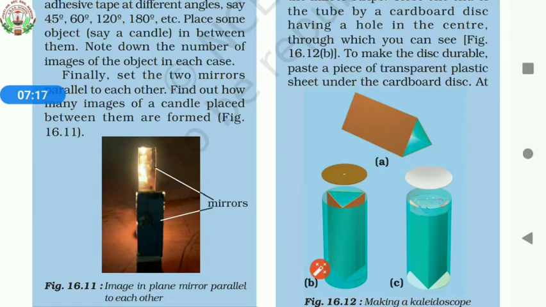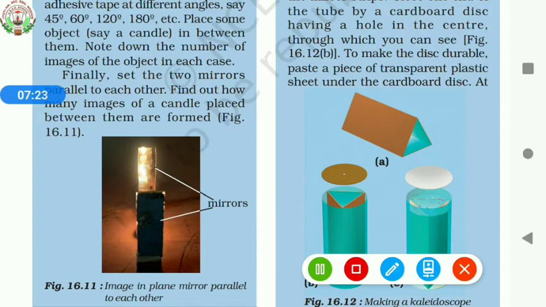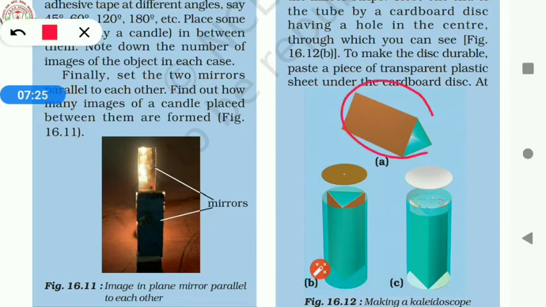Join them together to form a prism as shown in the figure. Just like this. You have to join the 3 mirrors. Fix them in a circular cardboard tube or a tube of thick chart paper.